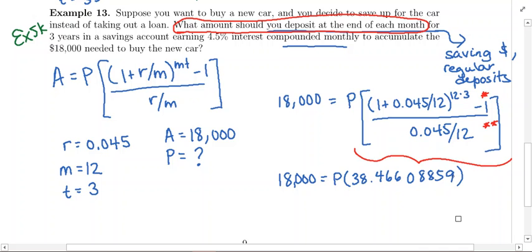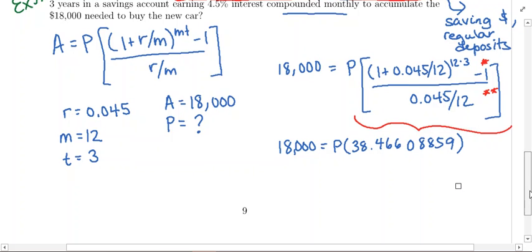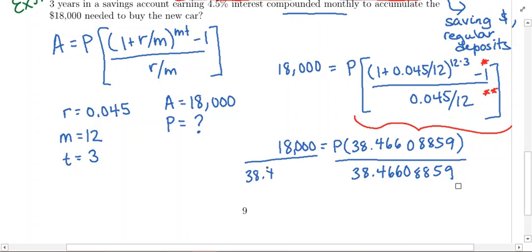Okay, and again, we're solving for P, the amount of our monthly deposit, okay? So if we want to get P by itself, since P is being multiplied by this number, we just need to divide it off, okay? And then whatever you do to one side, you have to do to the other, okay? No rounding here. Remember, you've got to carry all the digits, okay?